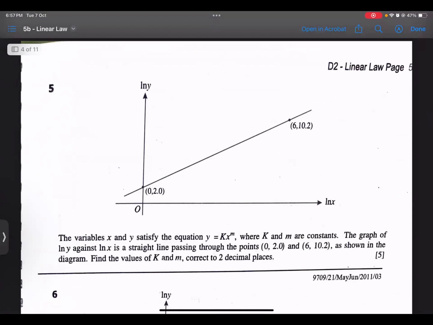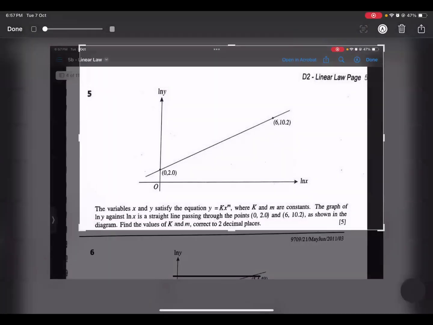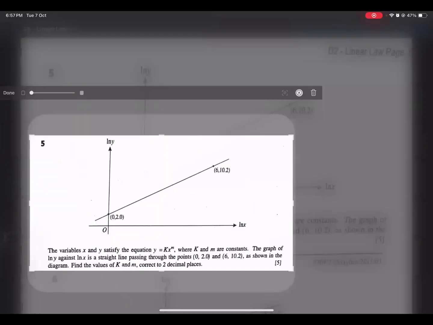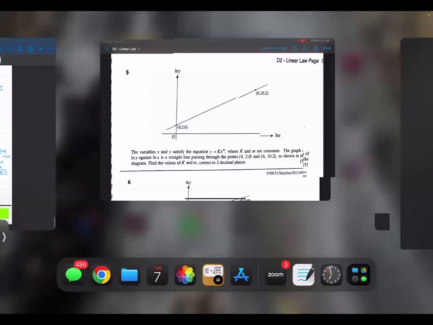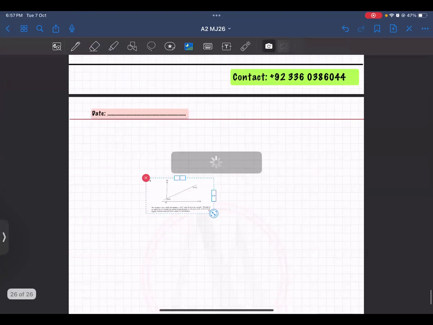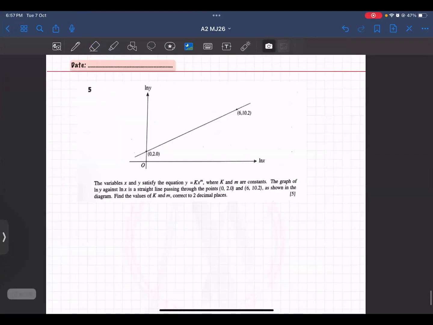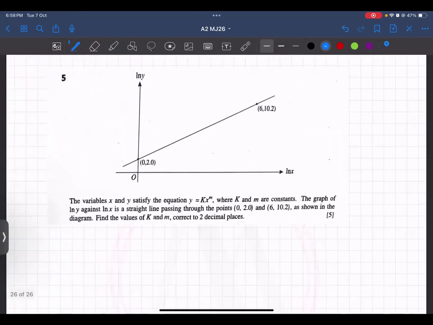Okay, let's do this one. Similar to the last thing. So your actual equation is y is equal to capital A x power m, and on your x-axis you can see ln x, and on your y-axis you can see ln y.